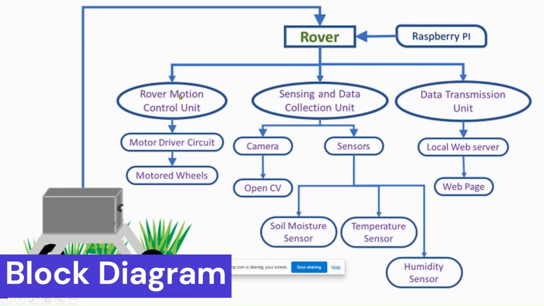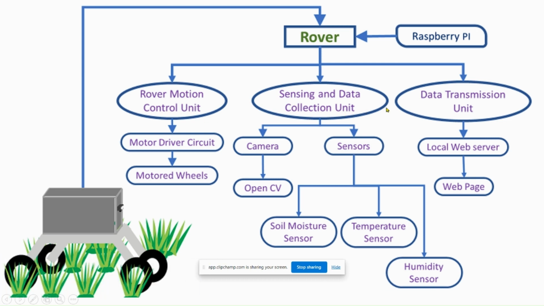The robot consists of three major units: the rover motion control unit, the sensing and data collection unit, and the data transmission unit. The rover motion control unit consists of the motor driver circuit and motor wheels. The sensing and data collection unit consists of a camera and sensors. The camera is connected with a library called the OpenCV library, which is a software component.